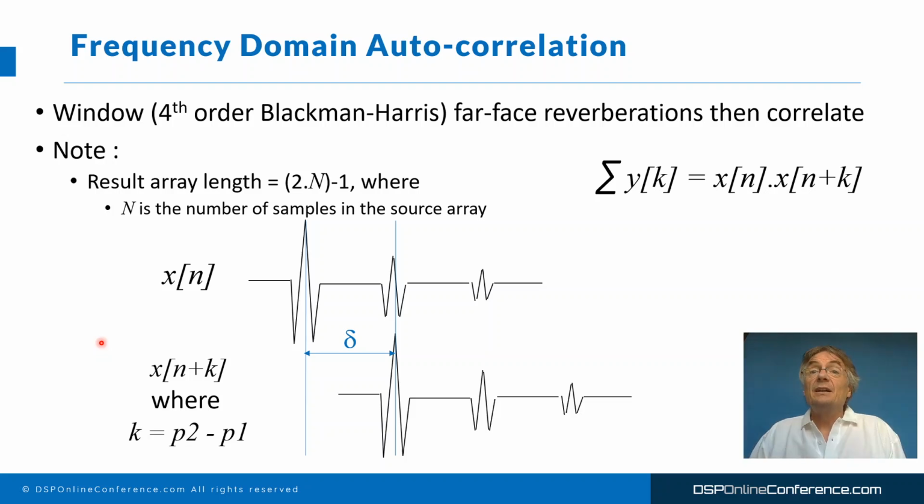We were then using the output of our frequency domain interpolation to do frequency domain correlation, as per the sort of overlap and add block previously, and that frequency domain autocorrelation gives us the time domain delta between the received pulses.